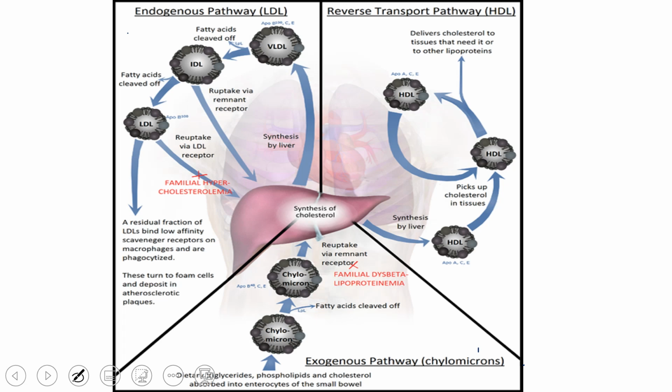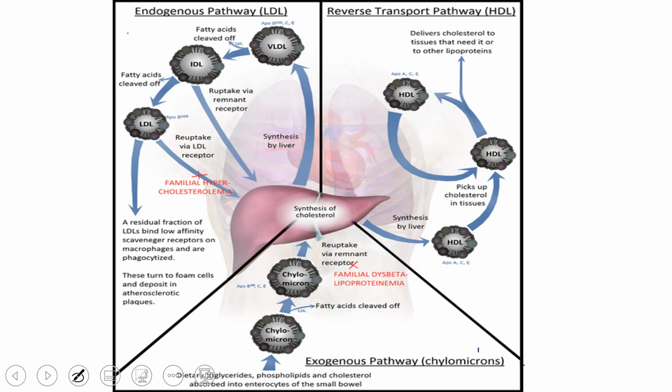In the intestine we convert them into chylomicron, and chylomicron helps in the transportation of all the lipid from the intestine up to the body tissue and then further to the liver. So all the exogenous lipid will be transported in our body through the circulation in the form of chylomicron.